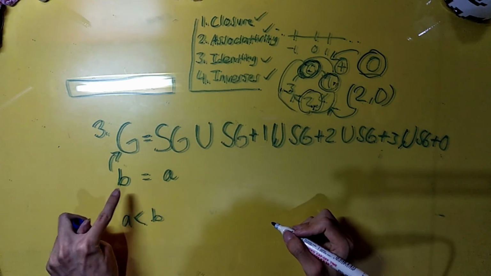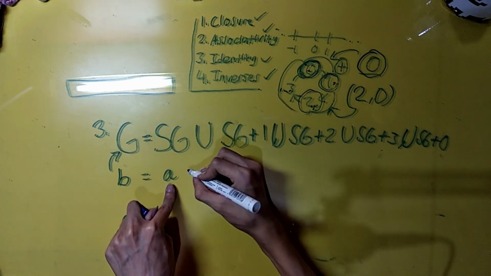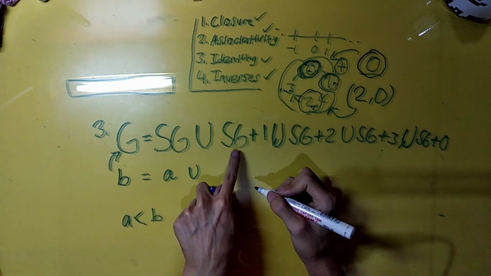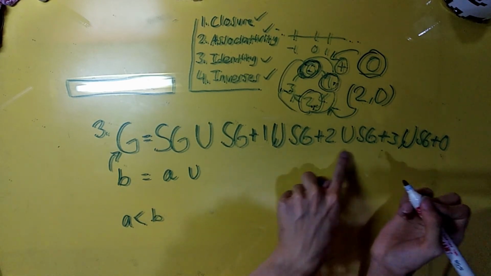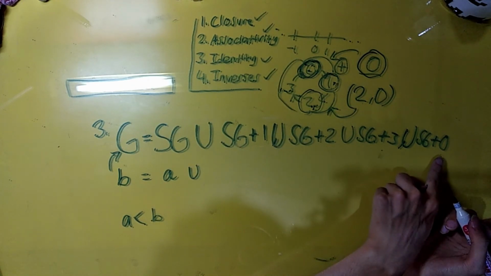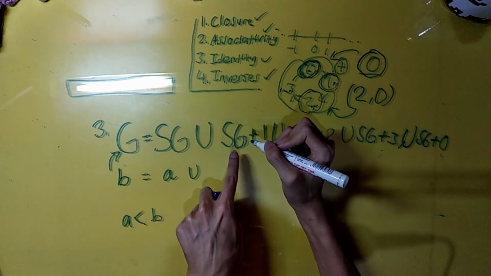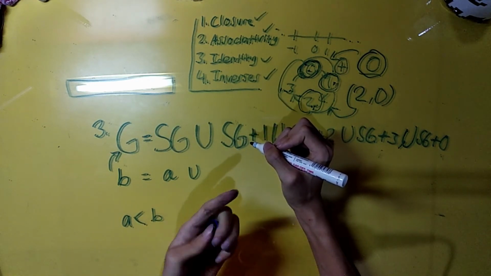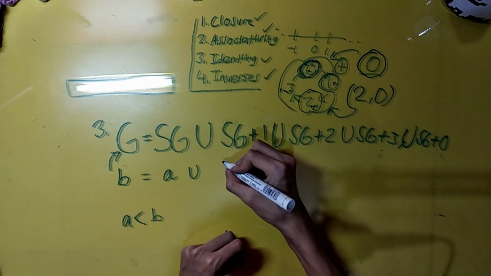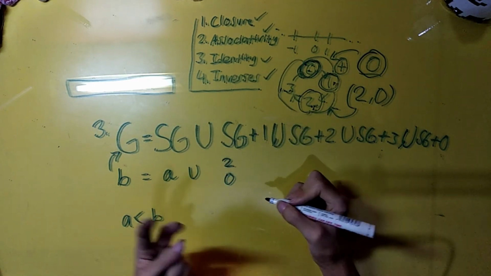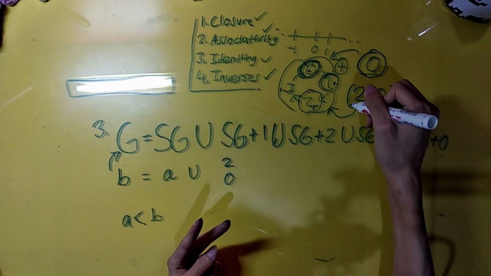And apparently the group is equal to the subgroup union subgroup plus 1, subgroup plus 2, subgroup plus 3, subgroup plus 0. What is the size of this group, right? If this subgroup has the size of 2, which means it has 2 and 0 inside of it, that's just an example of a subgroup with a size of 2.